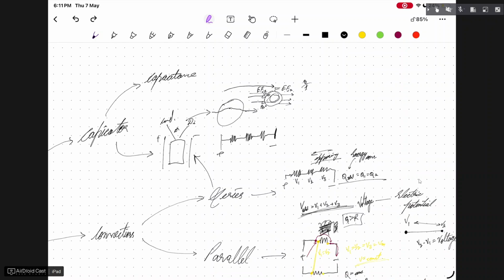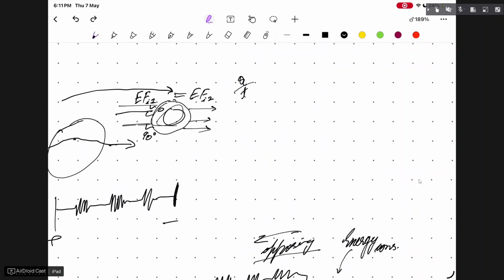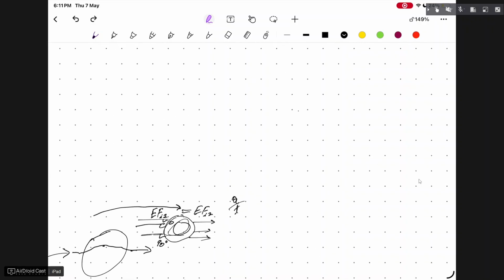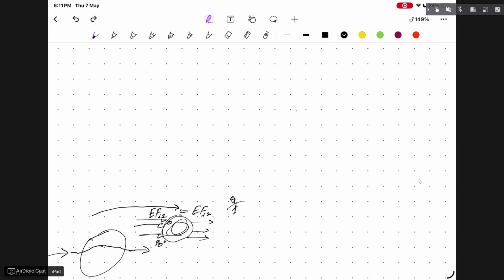For conductors, we consider that as a baseline, like how we have a base of kilometers, and from that we can understand miles.